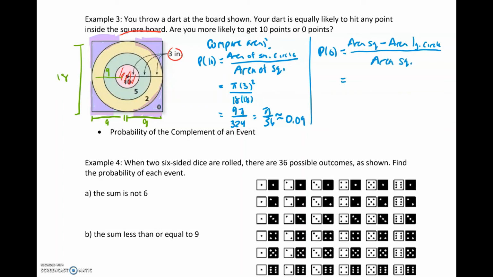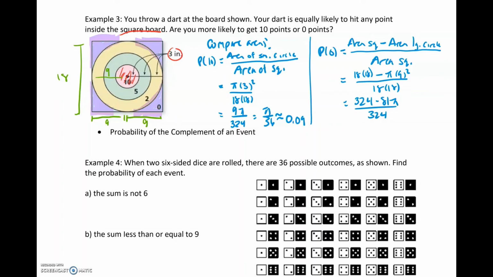Okay, so we said earlier the area of the square is 18 times 18. The area of the larger circle, so the circle is still pi r squared. The radius of that large circle is going to be 9. So this will be pi times 9 squared over, again, 18 times 18. So 324 minus 81 pi over 324.